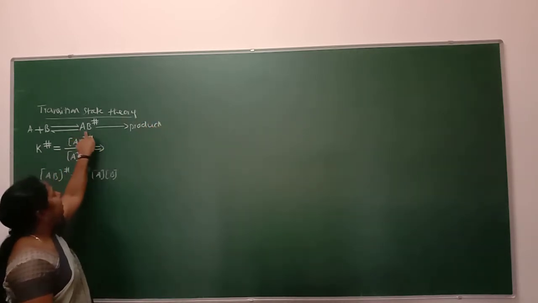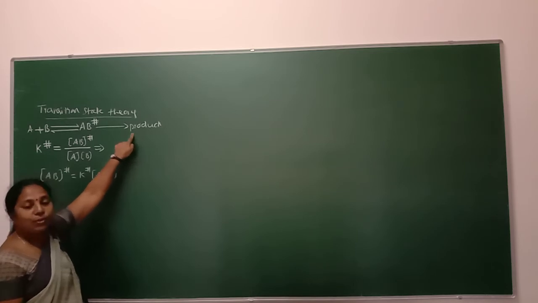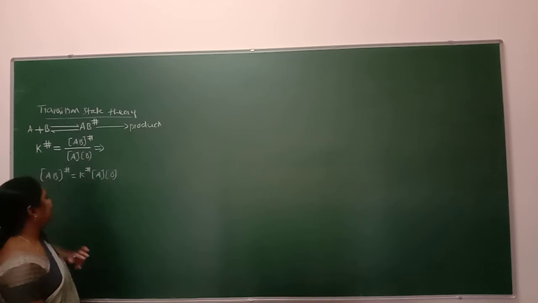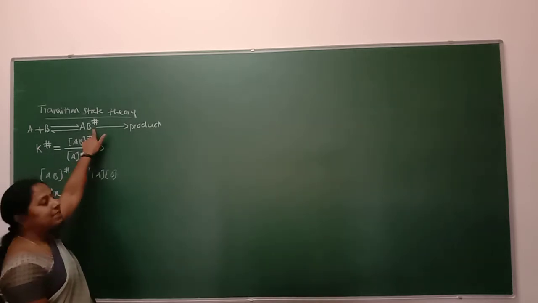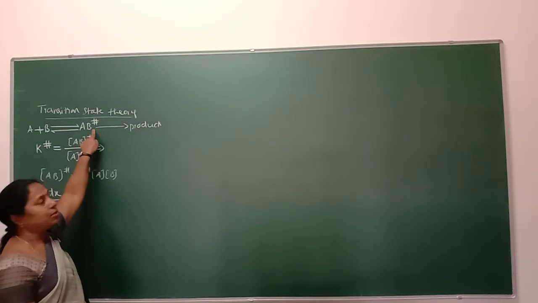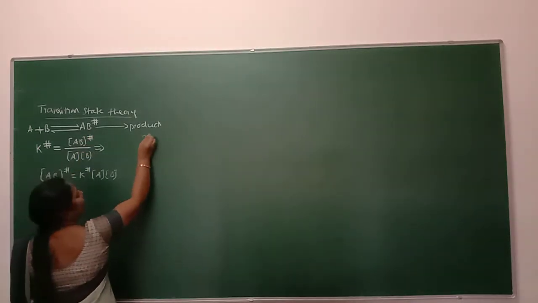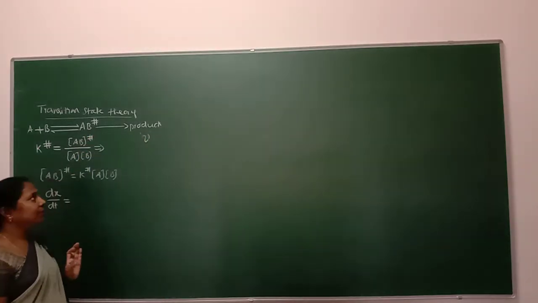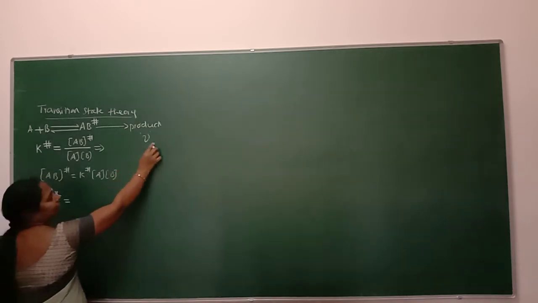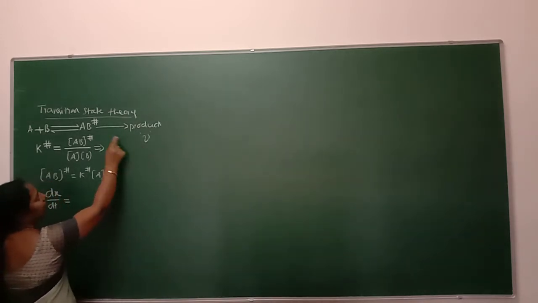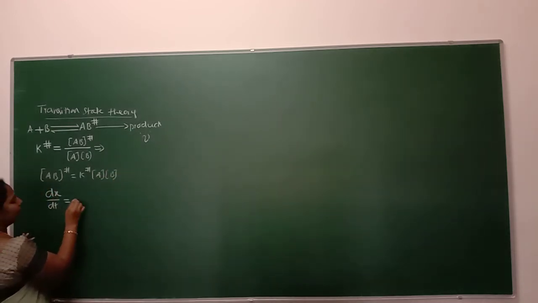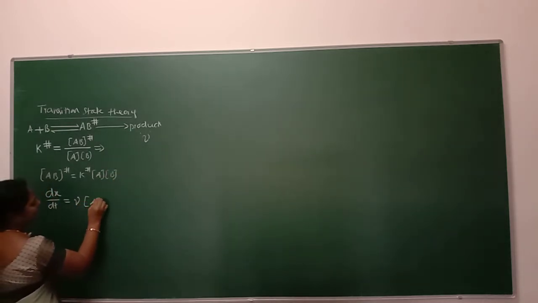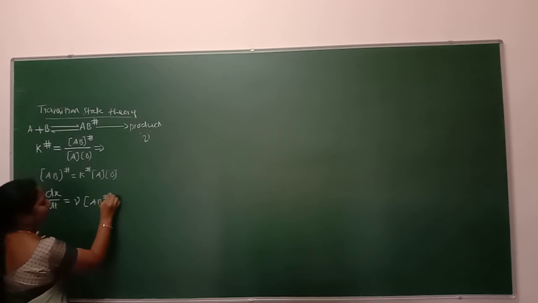For this second reaction, we are going to write the rate expression. Since it has some vibrational characteristic, we represent nu as the vibrational frequency. In terms of this vibrational frequency, the rate of reaction is dx by dt is equal to nu into concentration of AB hash.